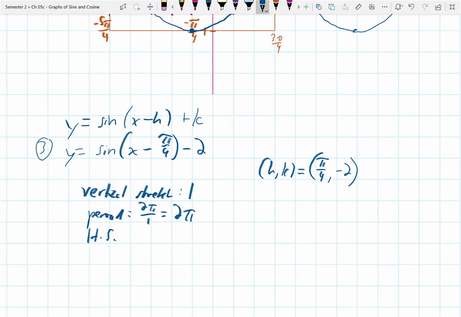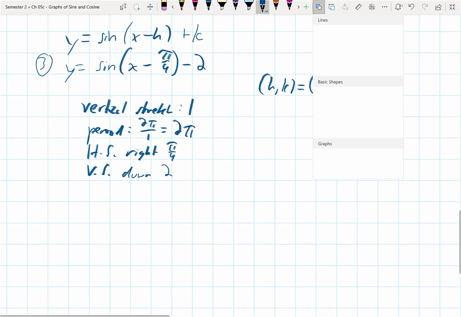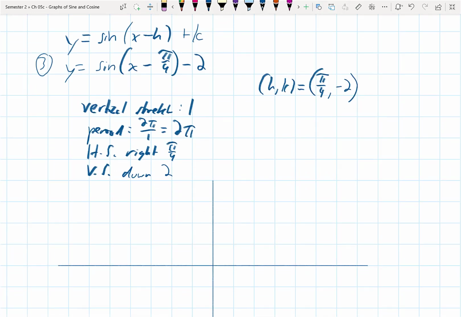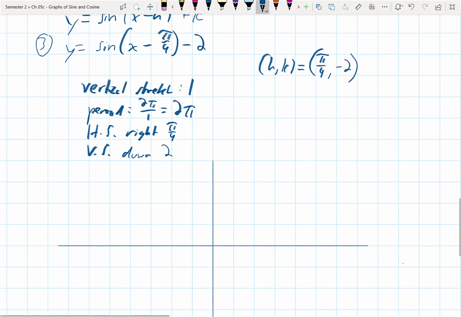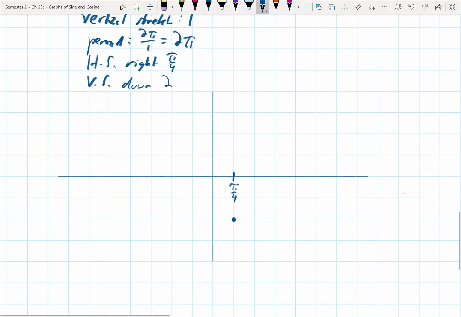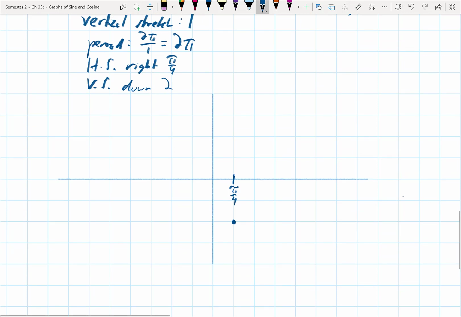My horizontal shift then goes with a pi over 4, that is right pi over 4. And my vertical shift is down 2. So let's put the grid down. And I want right pi over 4, so let's go right here. This is going to be pi over 4. And down 2 puts me here. That's my new starting point.